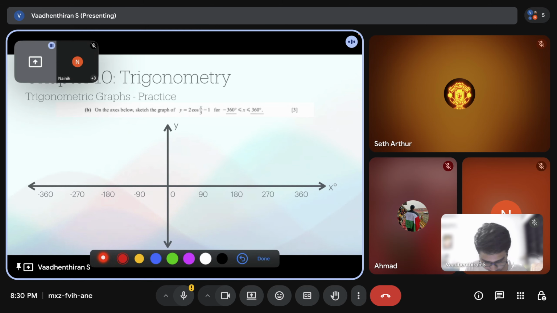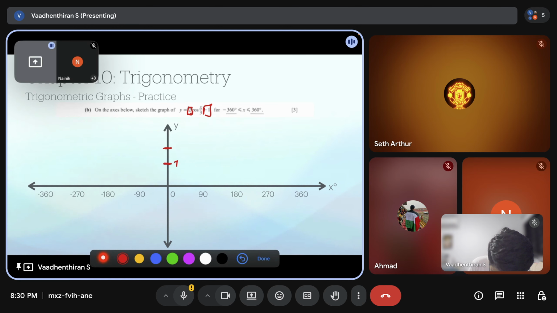Now you can sketch the graph. You can just draw a rough sketch. I'll show you how it will look. It shows here you can see it is -1, right? So the graph will start at 2. Since it's 2, the altitude is 2. From 0 the starting point will be 2, and since it's -1, you need to move the graph one step down.